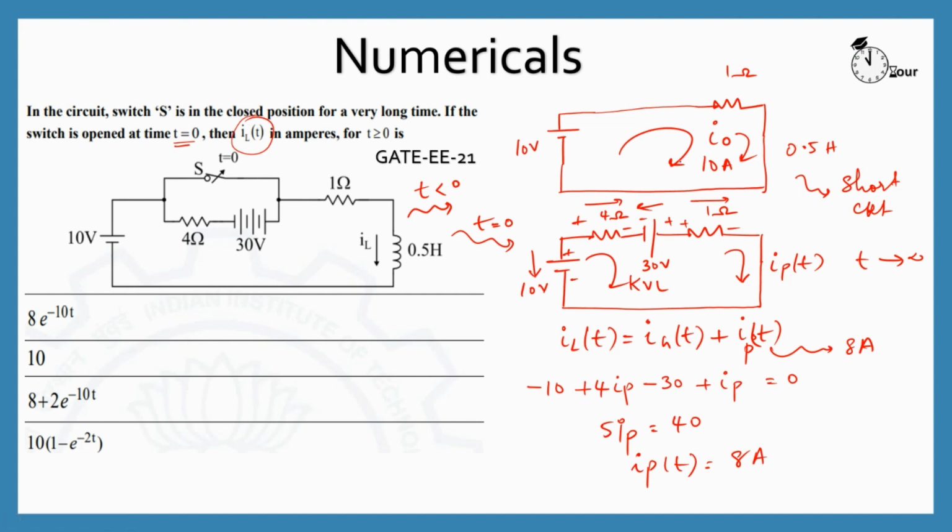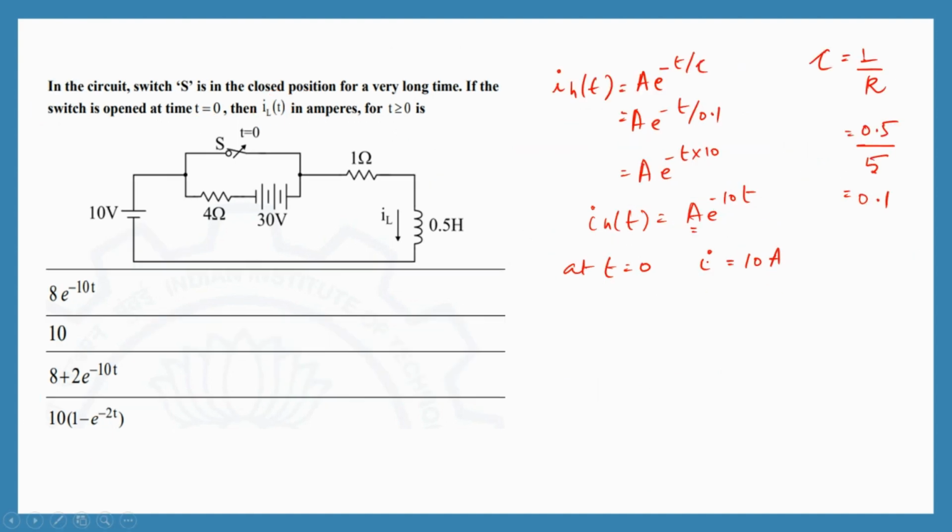That was when the switch was closed. After that, the switch got opened and it reached a new steady state. So we are finding the natural response of this inductor for the second case, when the switch got opened. So we can replace this over here.